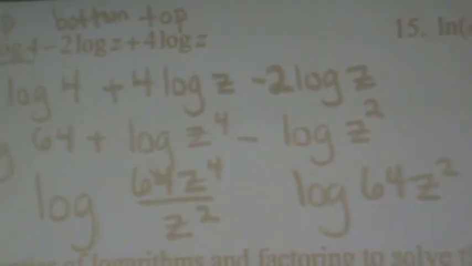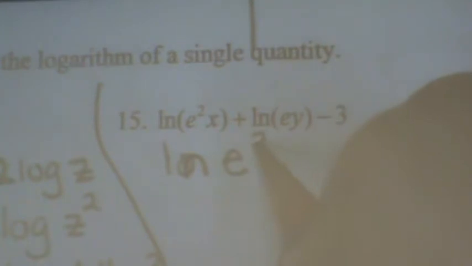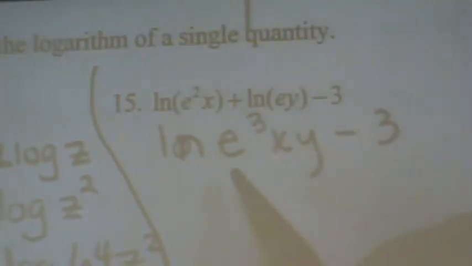Okay, 15. How can you bring these first 2 terms together? They're both log base e, and it's a plus sign. So what are you doing here? You're going to add: ln e to the 3rd xy. Now, remember above these problems right here? What was that answer? -2.